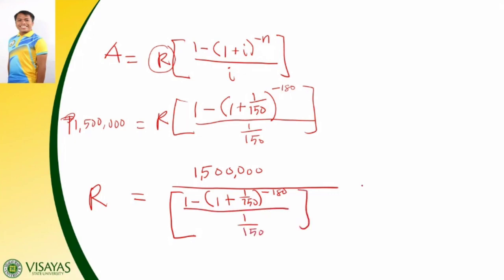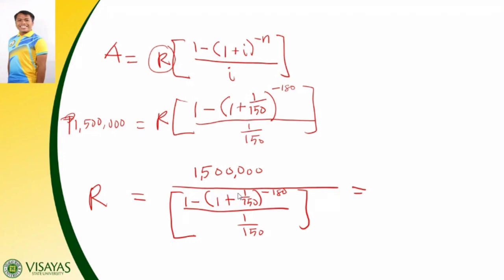Use your calculator there. Compute the parentheses first so you don't get confused: 1 divided by 150 plus 1, raised to negative 180. Then 1 minus the answer. Then divide it by 1 over 150.